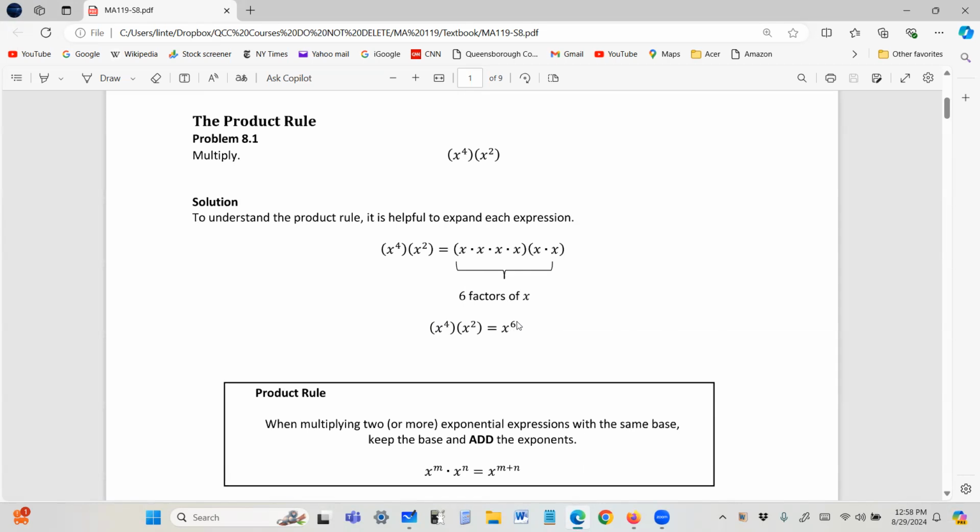So that's the product rule. Now, this only works if the bases are the same. In this case, I have x to the 4th and x squared, which is fine. But if I had x to the 4th and y squared, that would not apply. So same base, if the factors are being multiplied, we add the exponents.